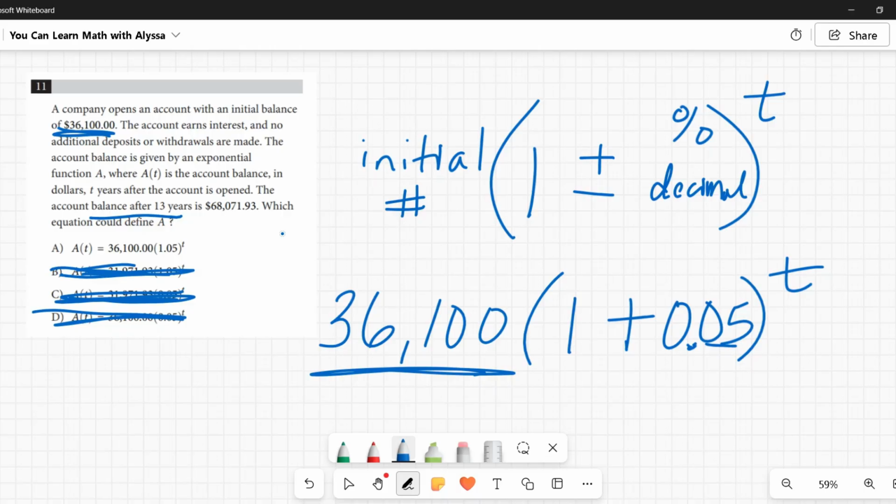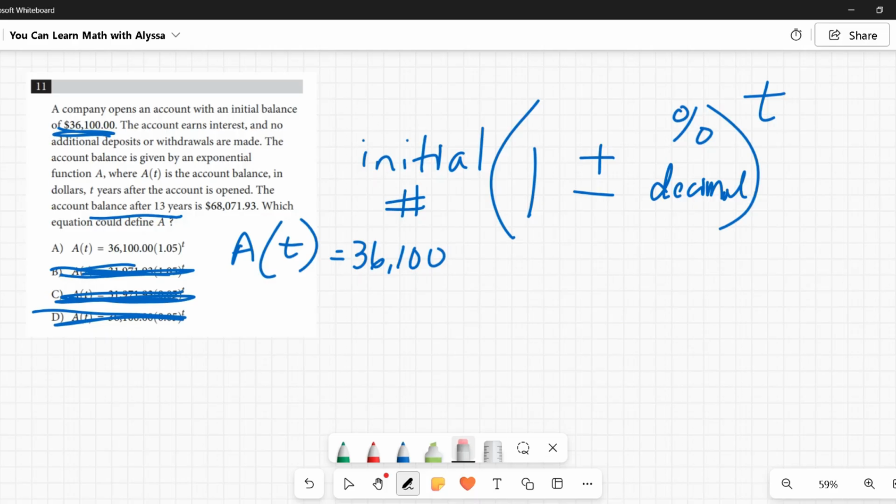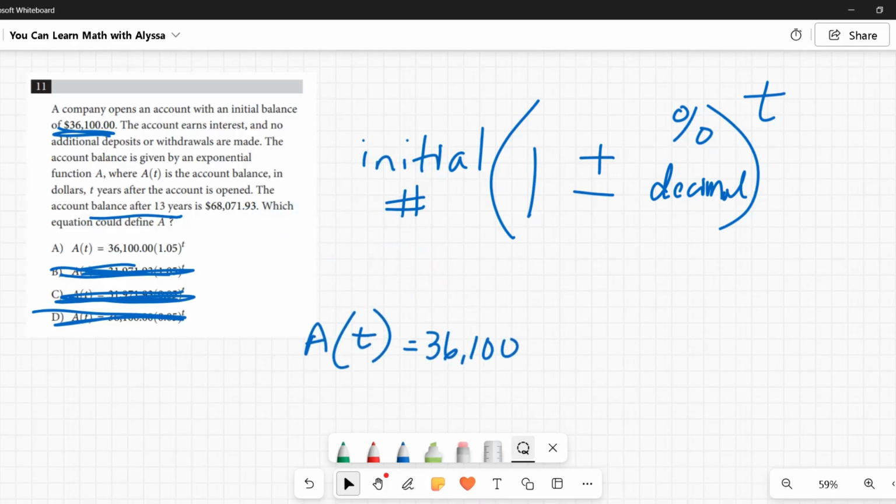In this particular case, the only reason you would have needed to do that math is if there was another option down here that was very similar. Like say if they had given you A of t equals 36,100, I'm going to erase this so we can see this, if they had said A of t equals 36,100 times 1.06 to the power of t.